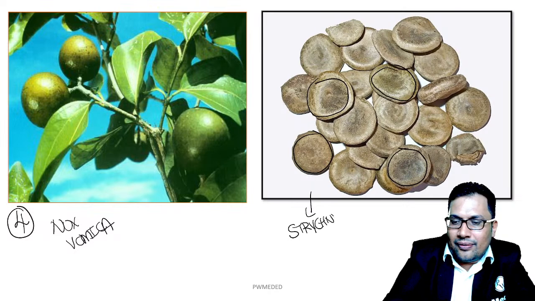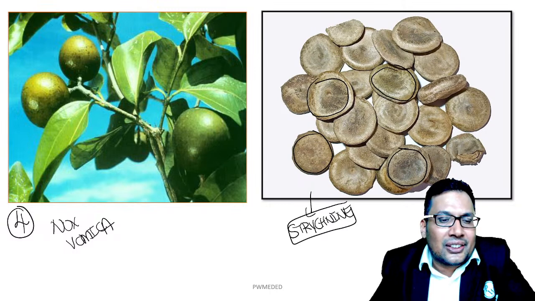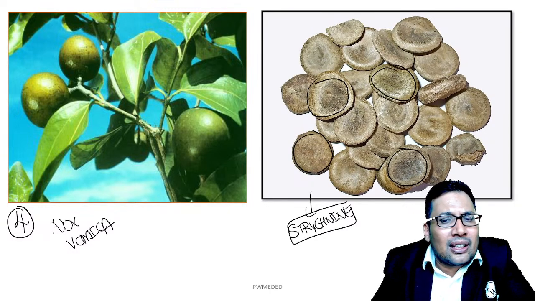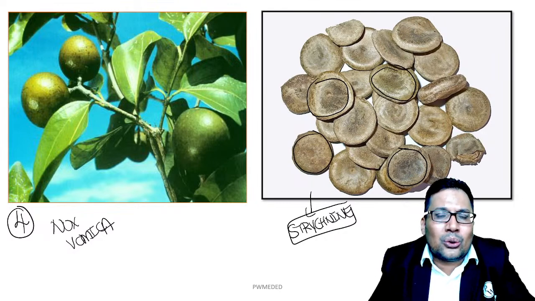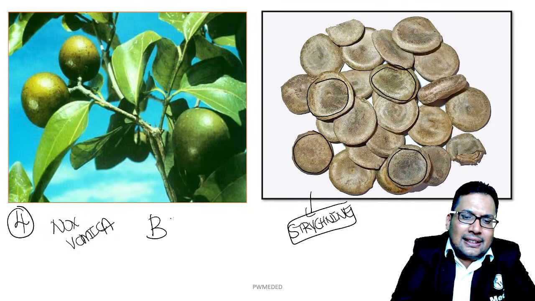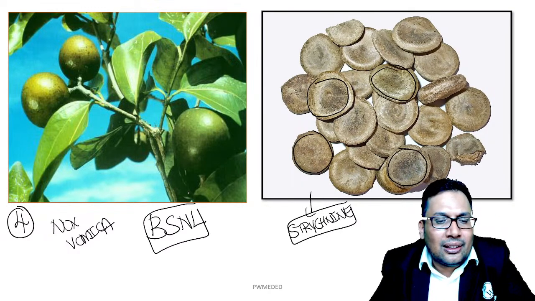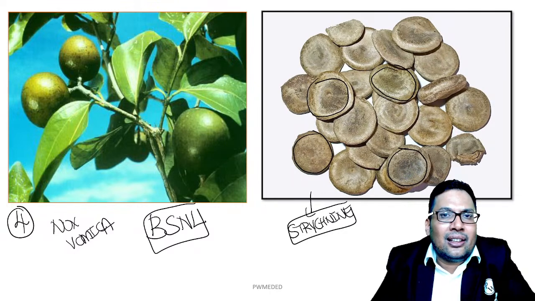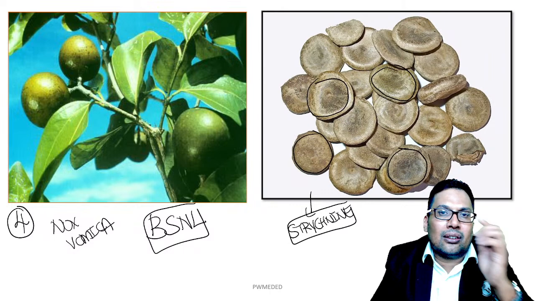Strychnine seeds are there in this. It contains brucine also, loganin also. So that also can be asked in the exam. So what does Nux vomica contain? BSNL. Remember, BSNL is a mnemonic. B for brucine, S for strychnine, N for Nux vomica, L for loganin.